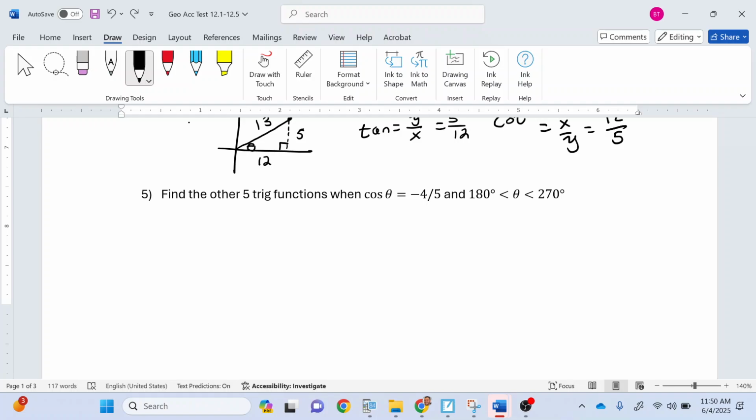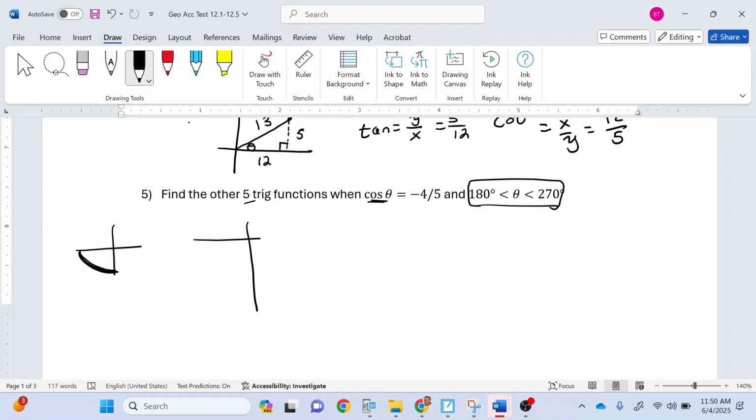So, find the other five trig functions where cosine is -4 over 5 and theta is in between 180 and 270 degrees. Because it's in between 180 and 270 degrees, I know it's in this third quadrant. So I'll zoom in. And since I know cosine is -4 over 5, first of all, it makes sense as negative.